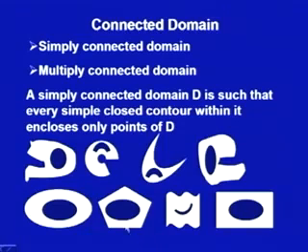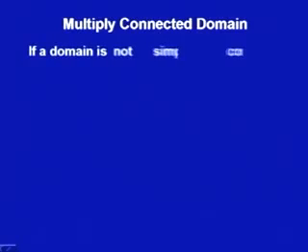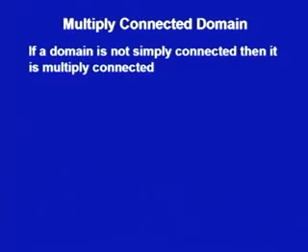Now, what is a multiply connected domain? A domain which is not simply connected is called multiply connected. We had seen in the last examples that all the bounded domains we have taken were simply connected domains.